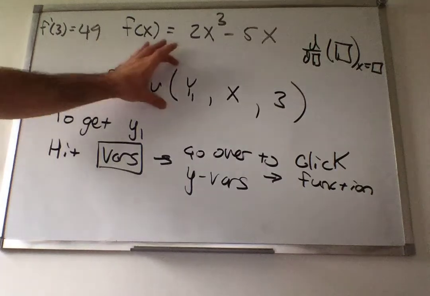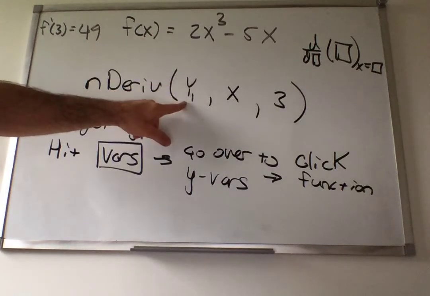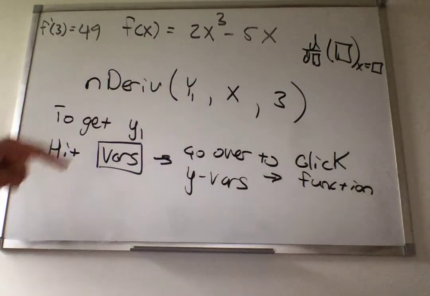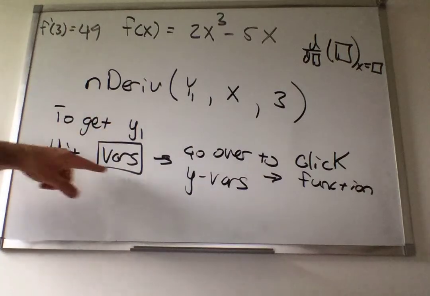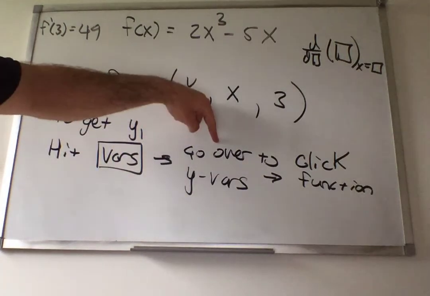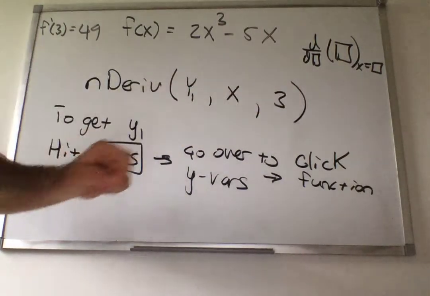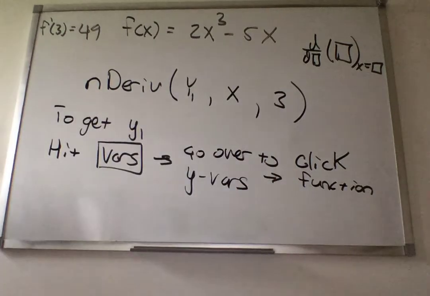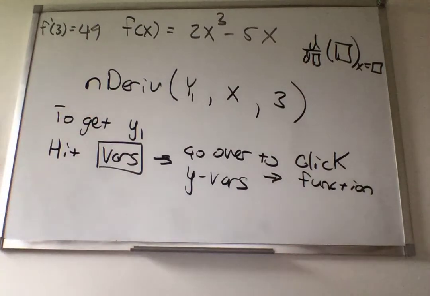If it shows it like this, you use your function first. How you get your y1 is you hit vars, you go over to yvars, and you click on function. Function should be the very first option, so you just hit enter, and you should see a list of your y values, y1, y2, and so on.